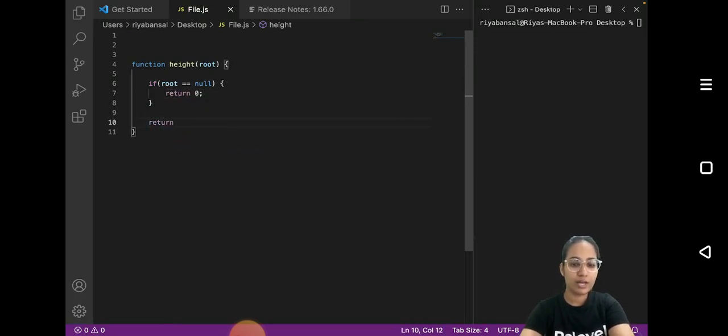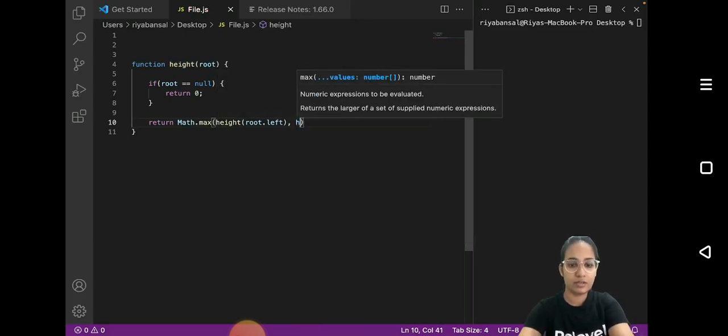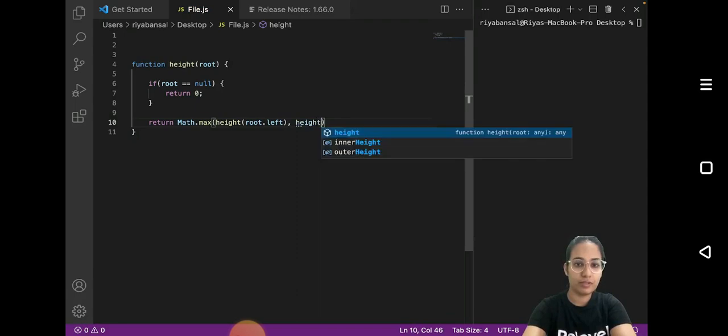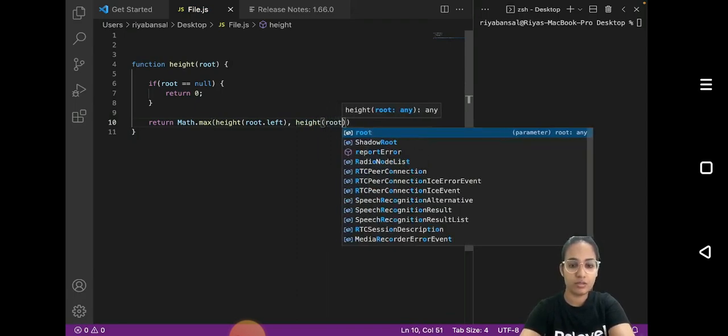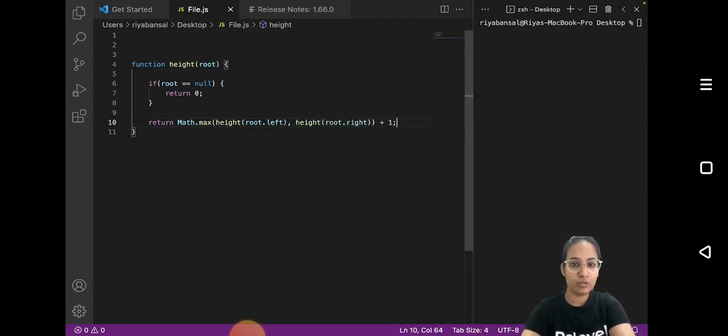Otherwise, I will take the height of the left subtree, and I will also apply the maximum with the height of the right subtree, and I will do a +1. Good enough?